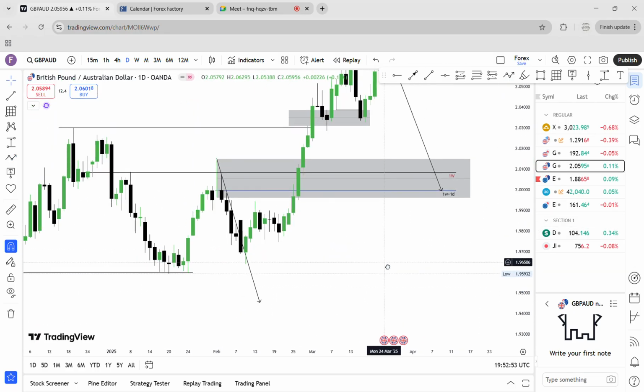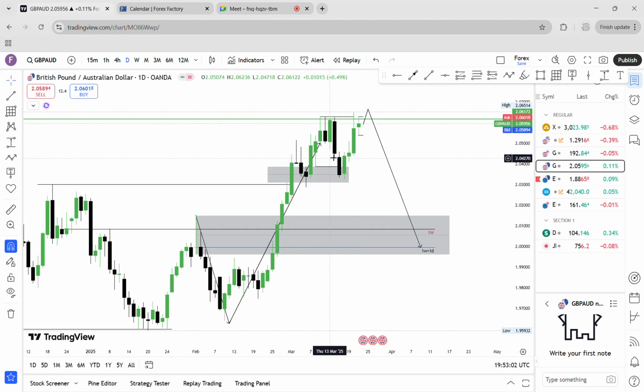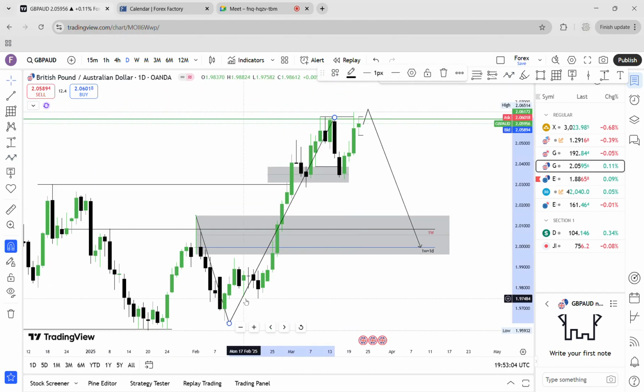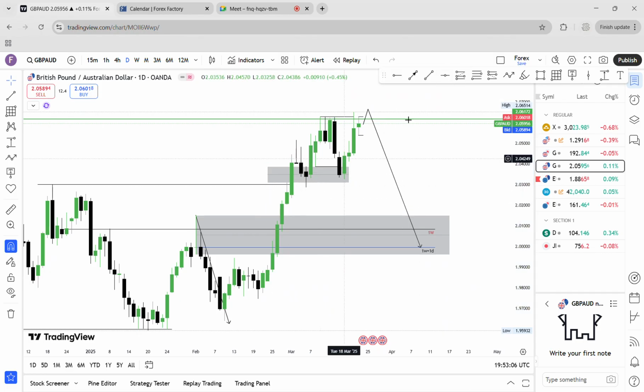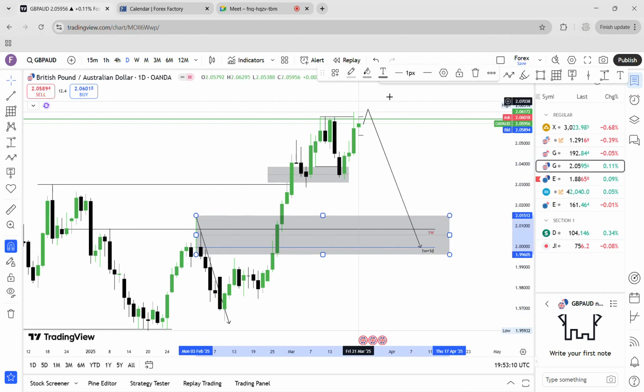But we failed to create a low, so that candle now became a mitigation block before this whole high was created. Do you understand now? The mitigation block is the one with the small doji, the green one.